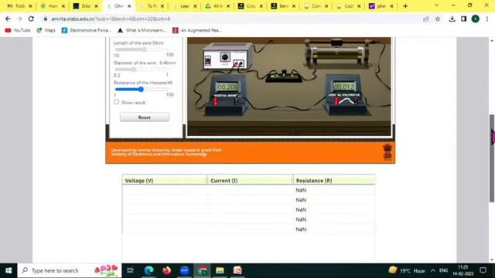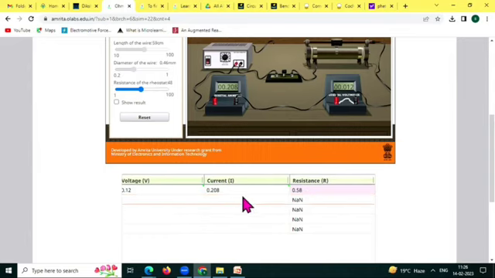The voltage value given is 0.012, so let me fill it. And what is the value of current? Let us read it: 0.208. So, here the resistance is calculated automatically.